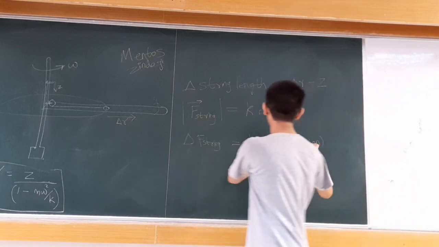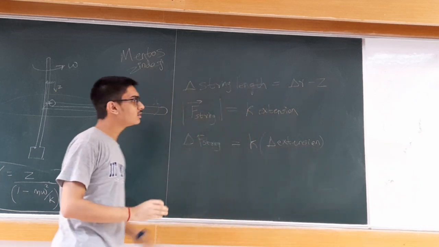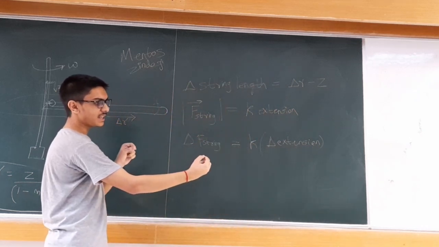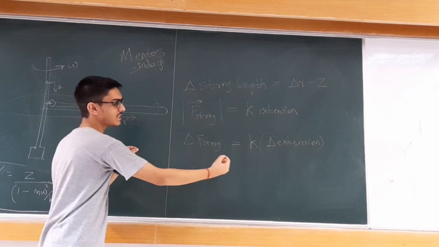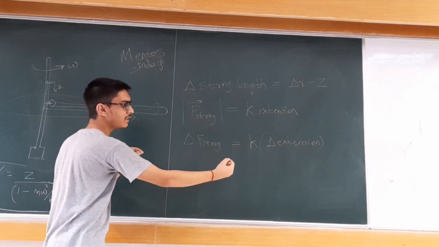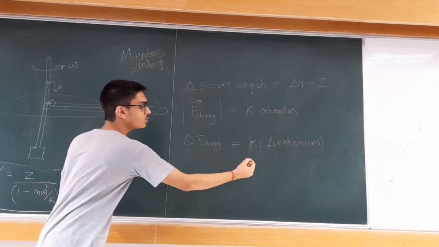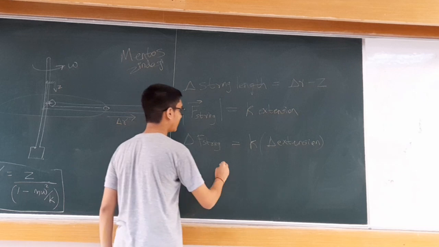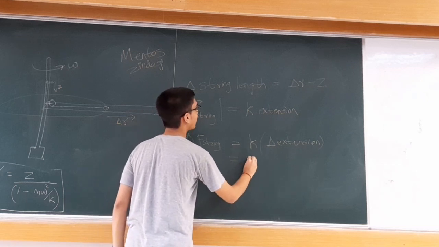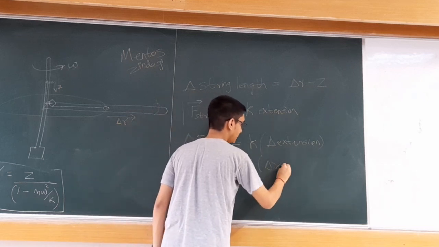The change in extension is the change in string length. So the net change in spring force is k times delta r minus z.